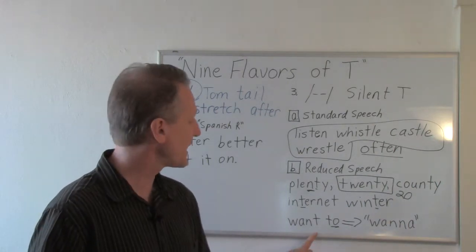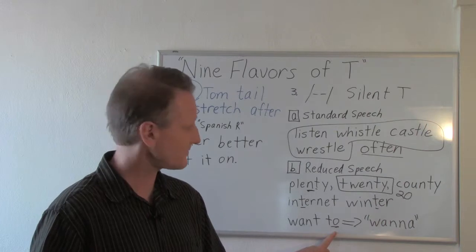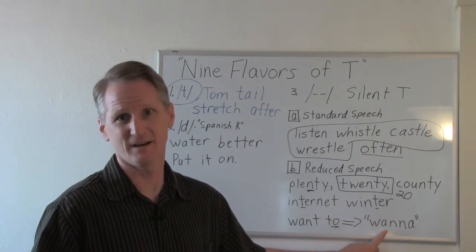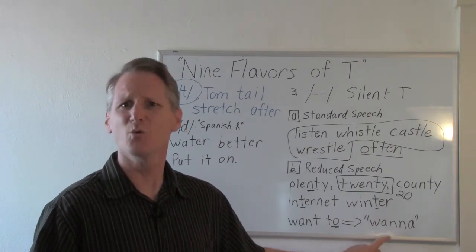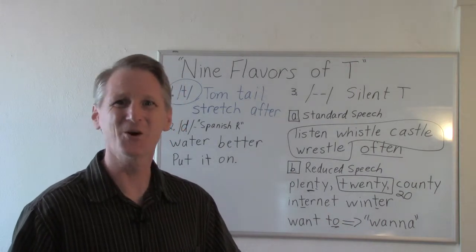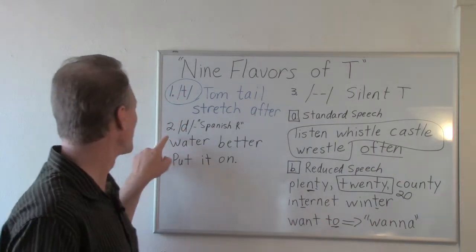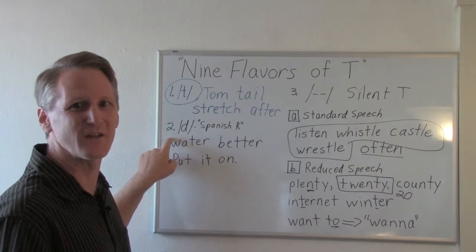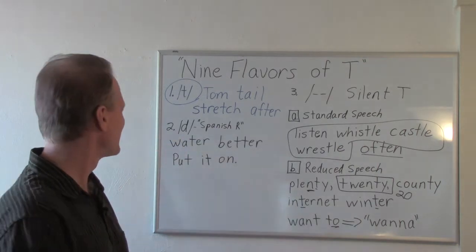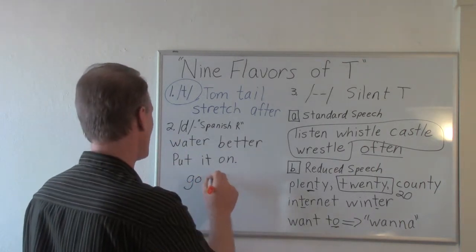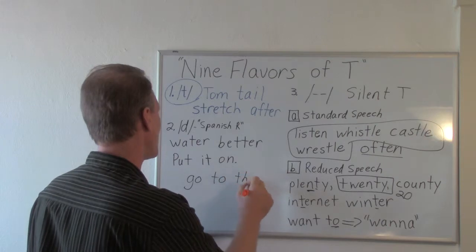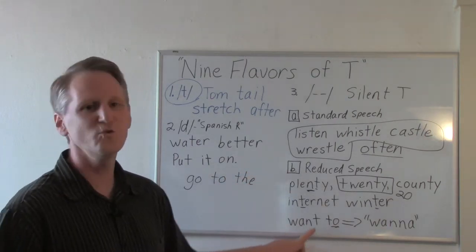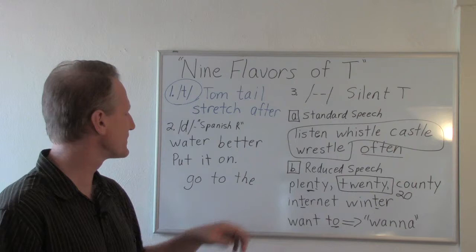Okay, so we've got want to becomes wanna. Do you want to go to the store with me? Go to the. Now I'm doing this. Go to the, right? You hear this? Do you wanna go to the store?